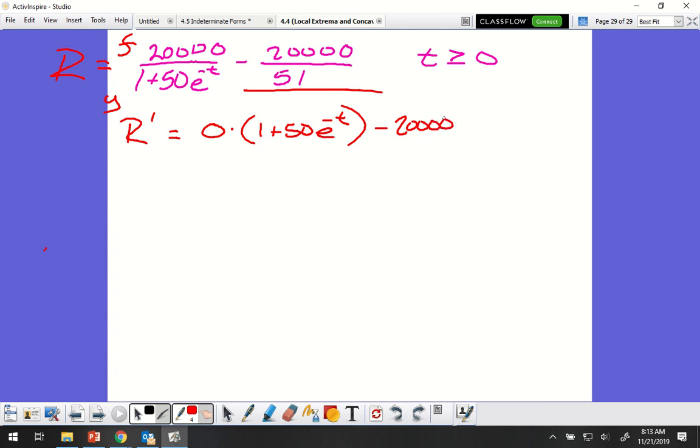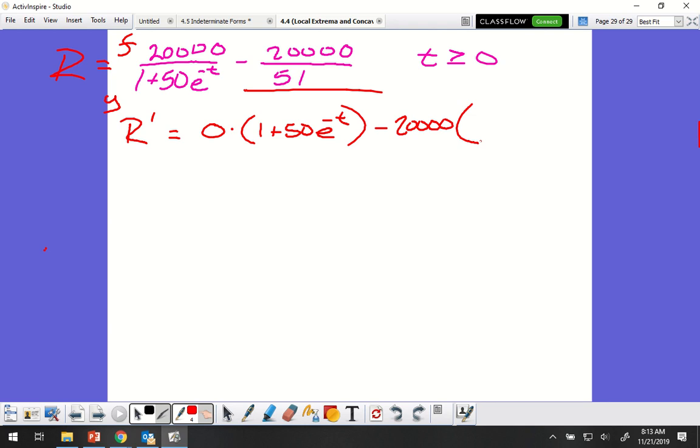Times the derivative of this. So the derivative of that is going to give me what? Negative 50 e to the negative t, right? Because the t right here is just a 1, so the derivative would be a negative 1.